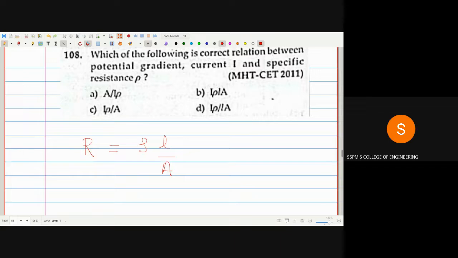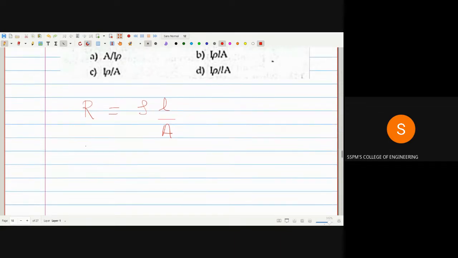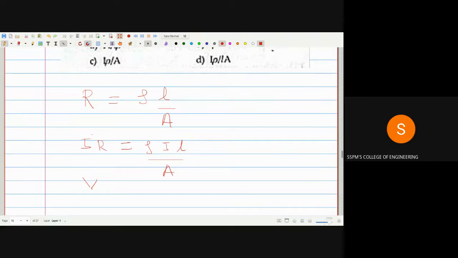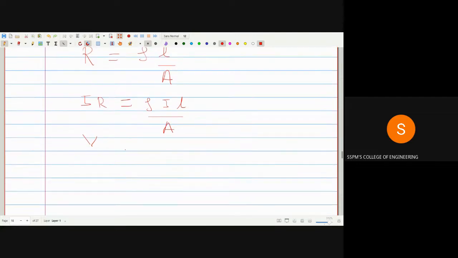Now what do we want? We want the relation between potential gradient and the current. So multiply both sides with I. It becomes IR is equal to rho into I into L divided by A. But what is I into R? I into R is V according to Ohm's law.